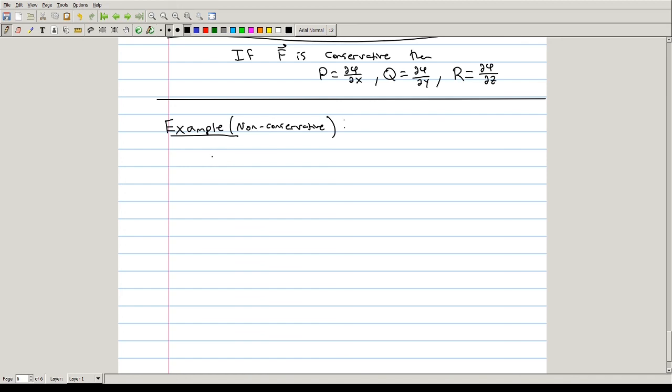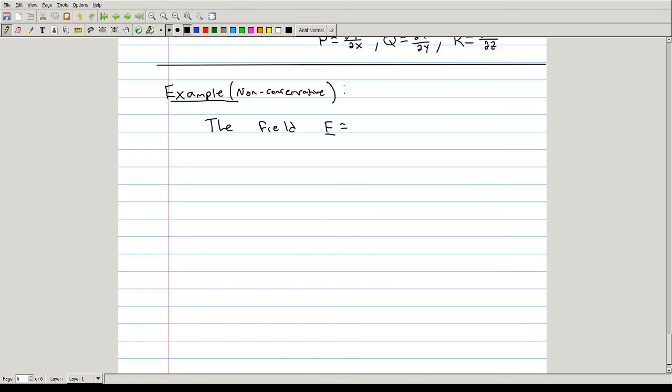The vector field determined by the cross product of omega with r, where we'll say omega is a constant vector, is not conservative.